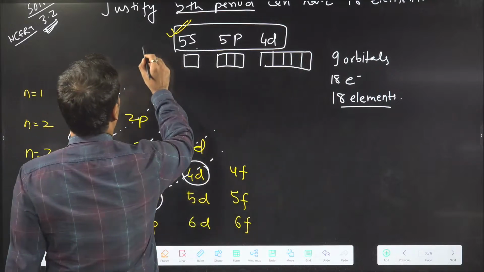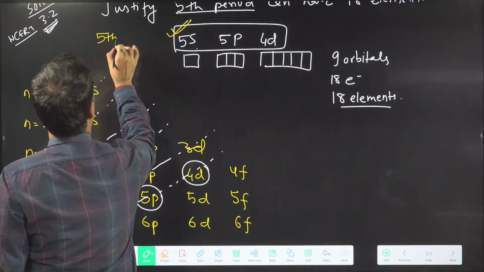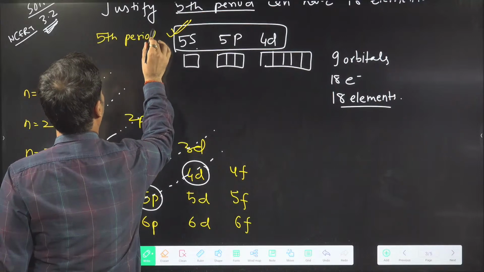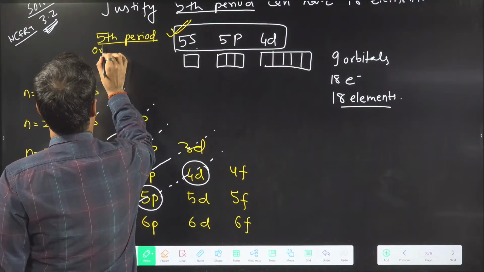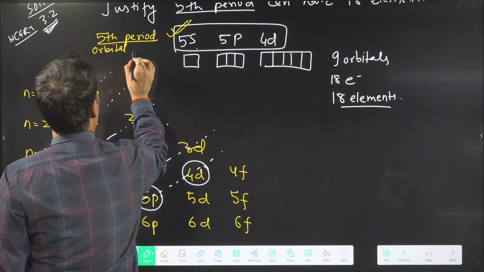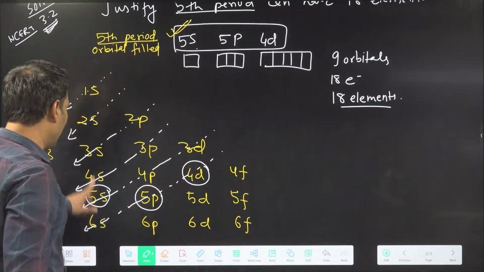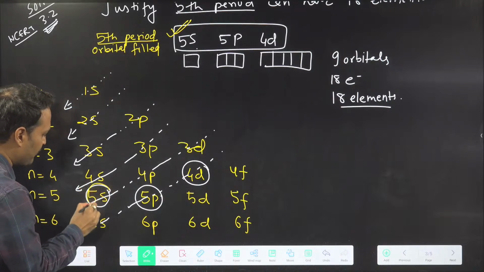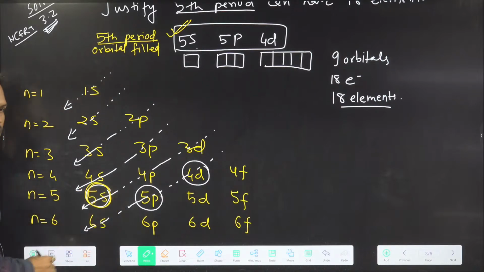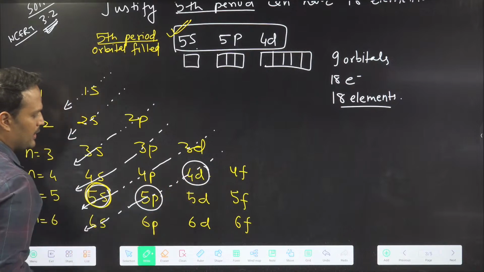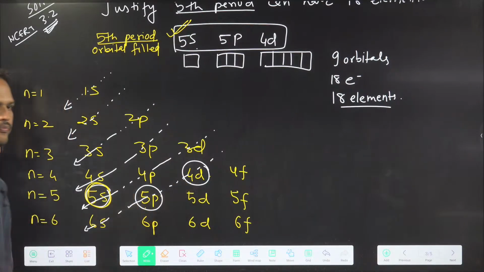Now see, we are talking about the fifth period. Orbitals filled. When we talk about the fifth period, we will start from 5s. Then we will fill 4d, then 5p.